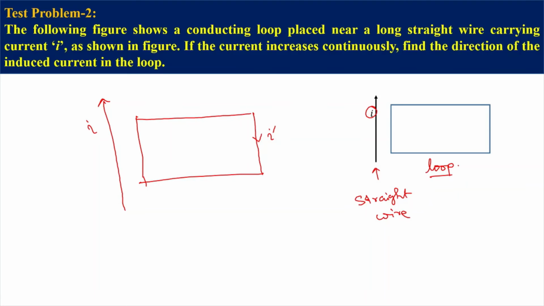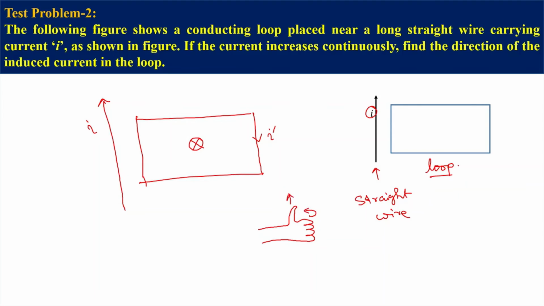So if this is the direction, then by the right hand thumb rule, the area vector is going into the page of the paper. Suppose this is the thumb of a person. If the current is going in this direction, the magnetic field points in this particular direction.